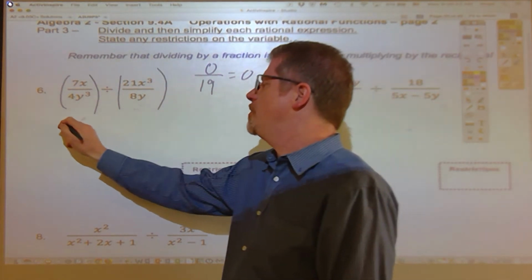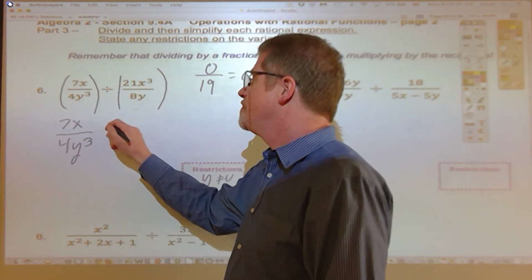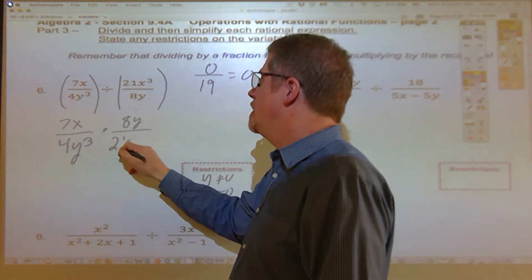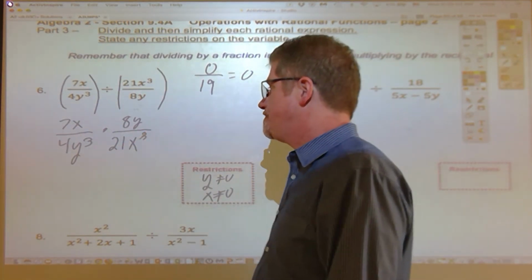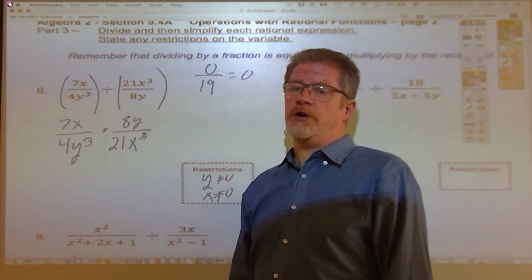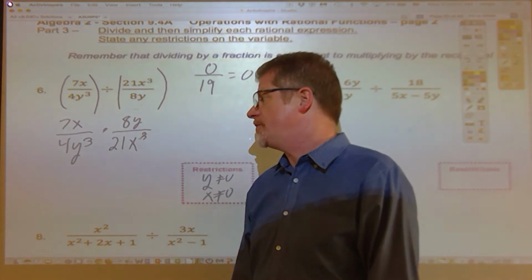Now we can carry on with the ideas that Sophia was talking about, and that is to change division to multiplication by the reciprocal. Carry on, finish the problem from here, multiply and simplify.